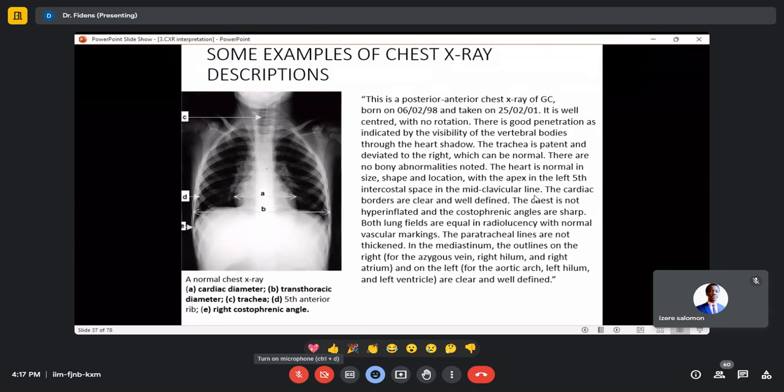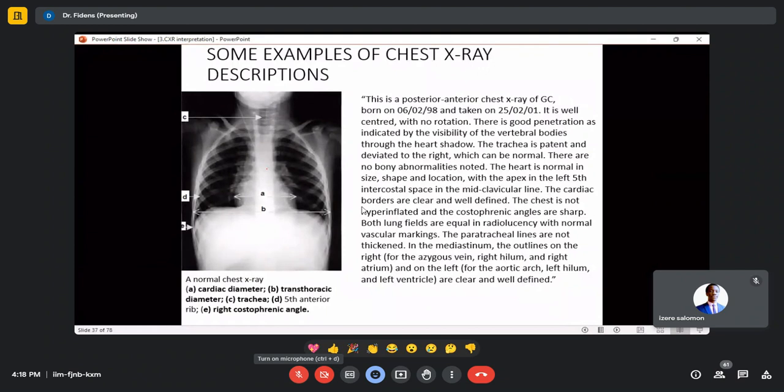Okay. So you should now describe the description. The trachea is patent in the right side, which can be normal, especially for an adult. There are no bone abnormalities noted.